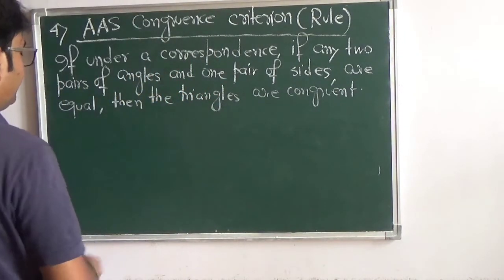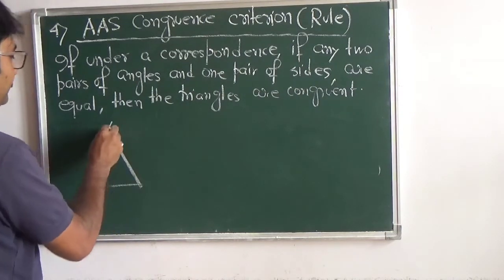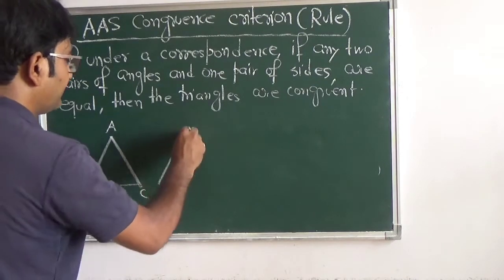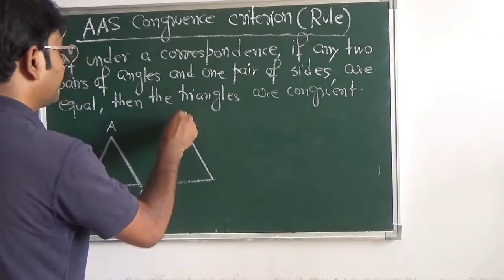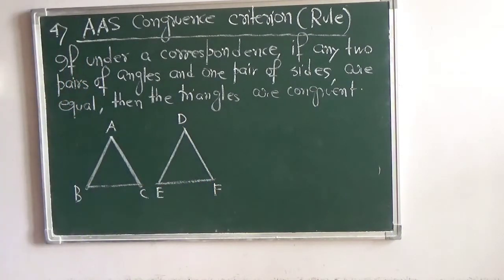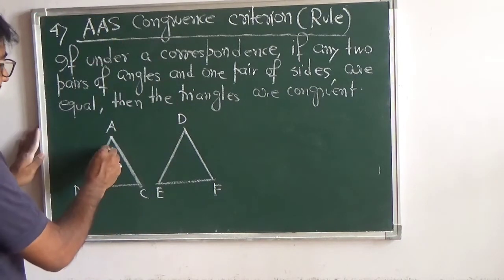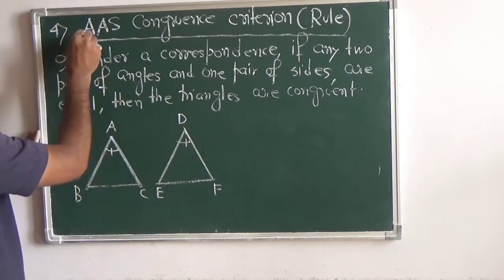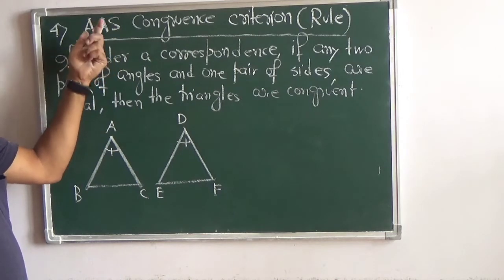Let us take the two triangles ABC and DEF again. Now here we can take any two angles and any of the sides. If angle A we take as equal to angle D, this is angle side. It is not mandatory that the side has to be included between the two angles.